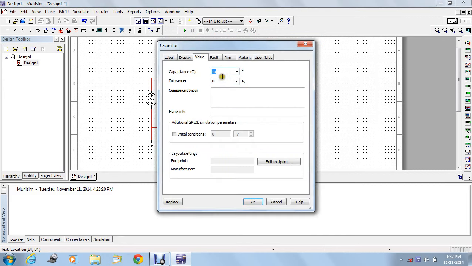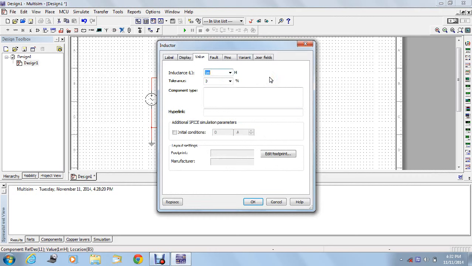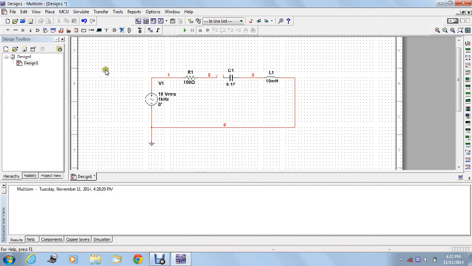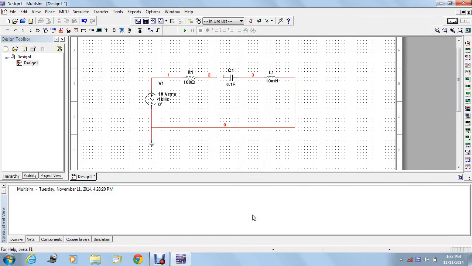Value of capacitor, value of inductor 10 millihenry. So this is the way you can simulate any series resonance circuit. You just have to double click the circuit, change the value whatever you require for simulation, click OK.